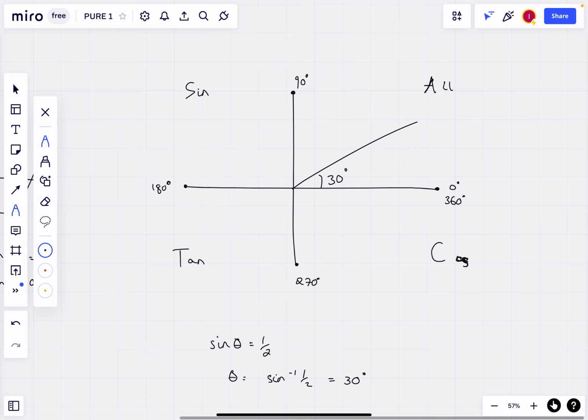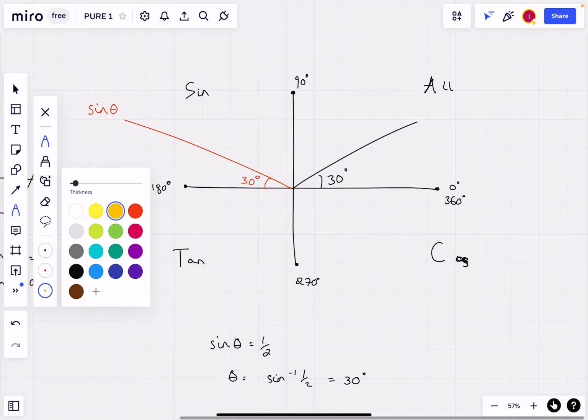If I have a sine function, my line that I drew for 30 degrees will reflect on the horizontal axis, where this is also 30 degrees. So this is for the sine function.